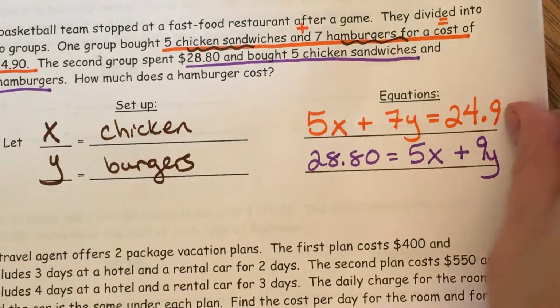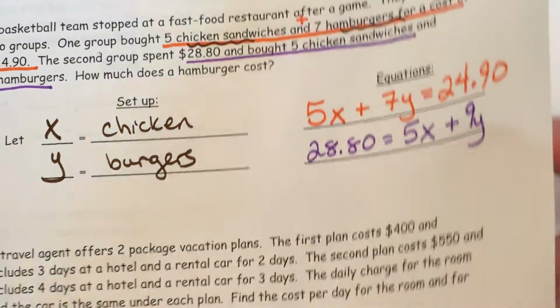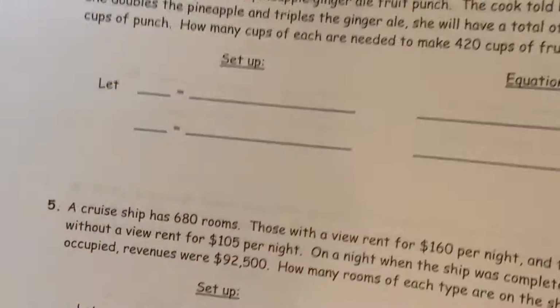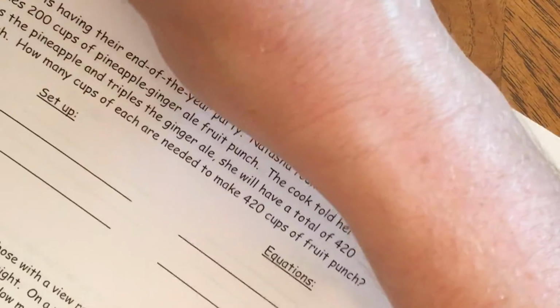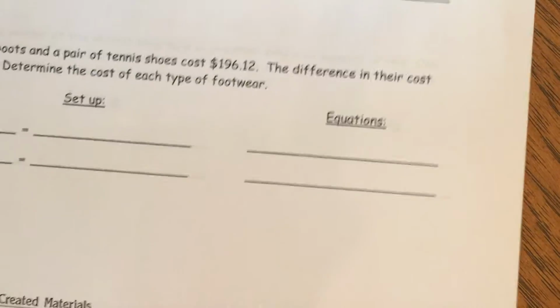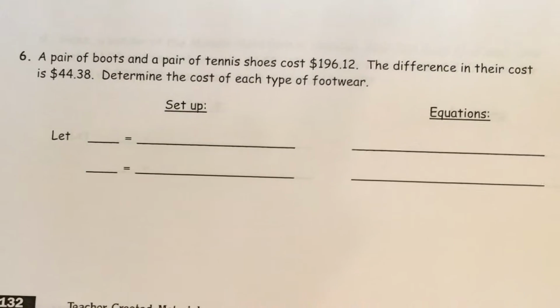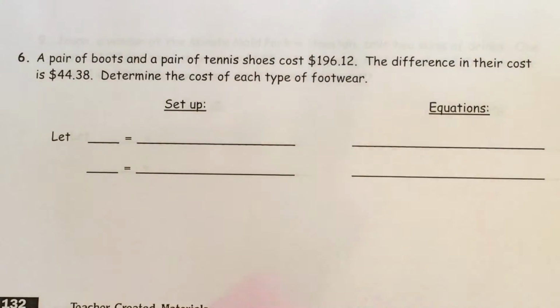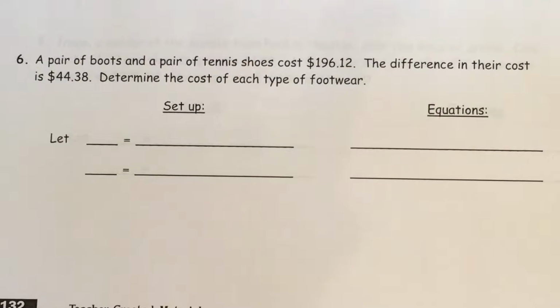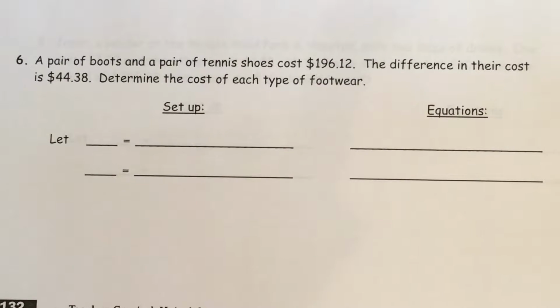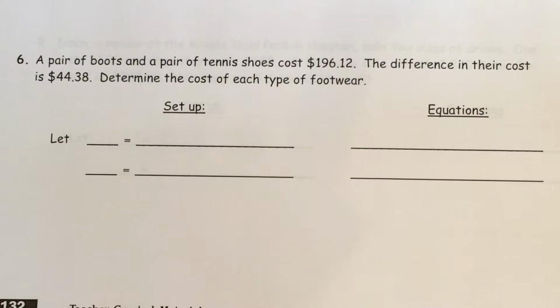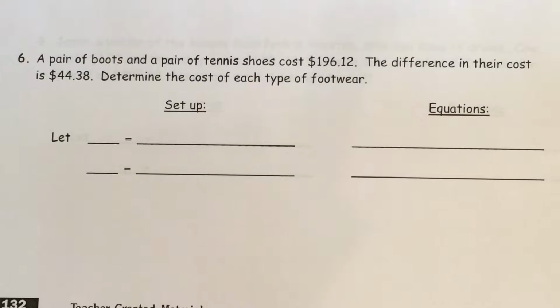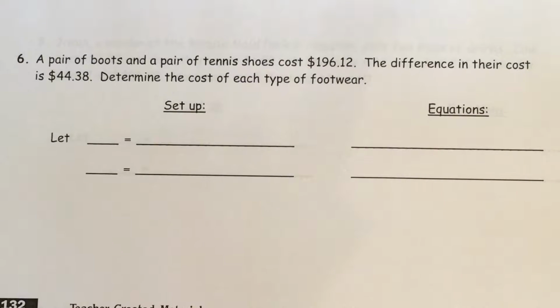All right, let's jump forward to exercise 6. Here, a pair of boots and a pair of tennis shoes cost $196.12. Their difference costs $44.38.